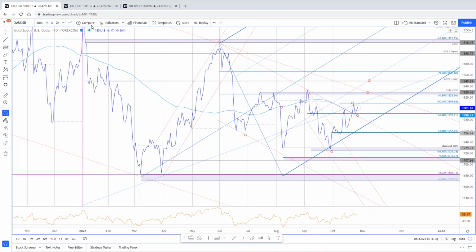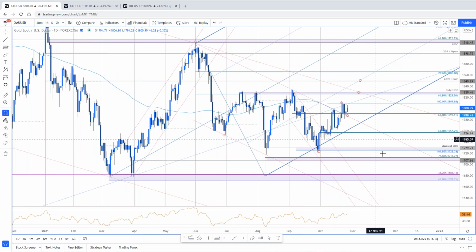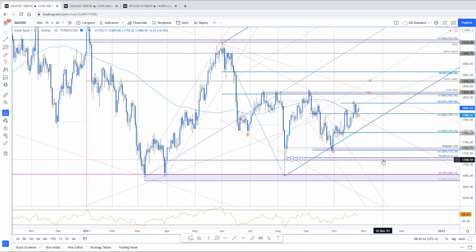Now, an asset that I will caution you tomorrow will be extremely important. Remember your traditional classical uses of gold as a safe haven trade, and more importantly, that inflationary hedge.